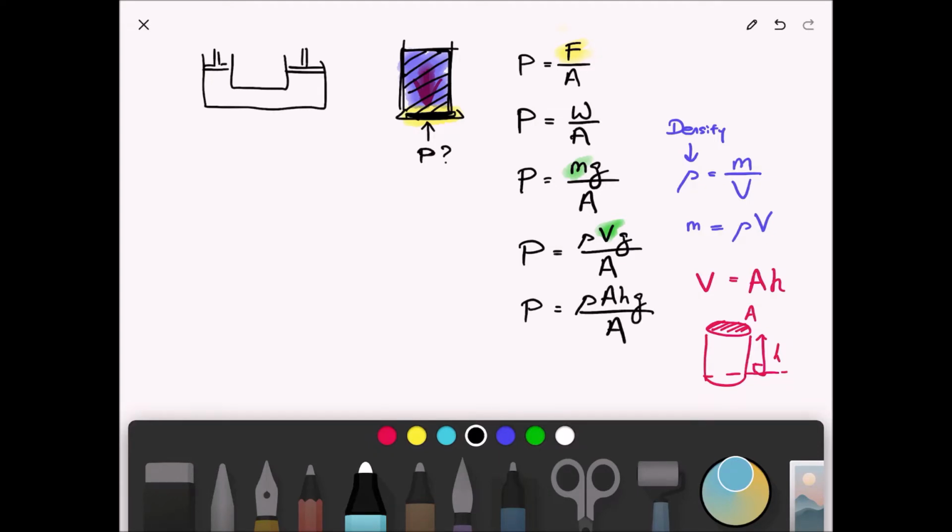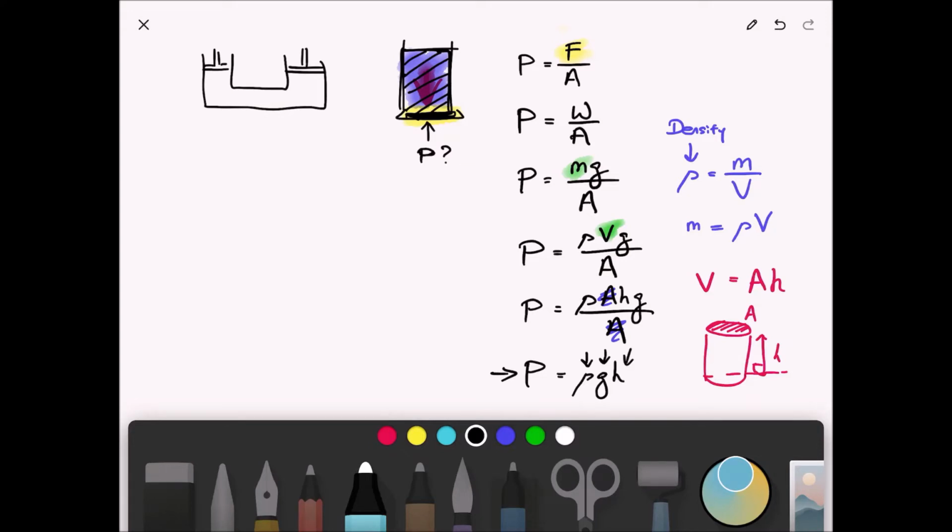Now what you notice is that after we manipulate this, the cross-section area, the A, gets cancelled out. So because of that, we make use of this formula, rho g h. This pressure formula is for pressure exerted by a liquid column. It is equal to the density of the liquid multiplied by the gravitational strength and the vertical height.